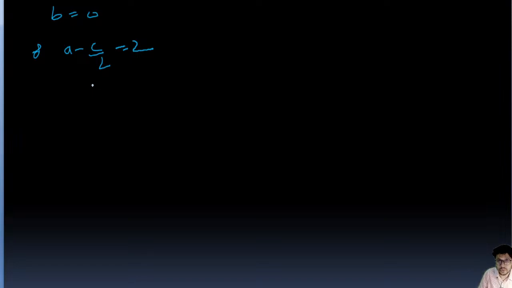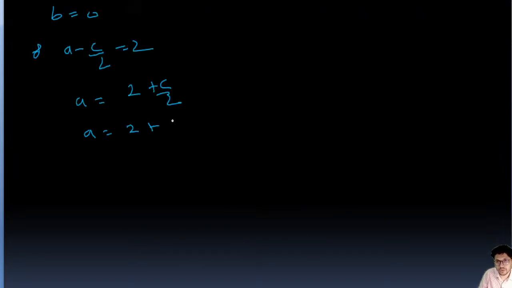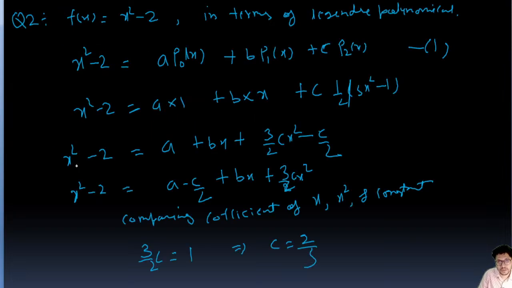So a is going to be −2 + c/2, and the value of c we know is 2/3, so it is 2/3 into 1/2. This will get cancelled. That means the value of a is going to be −5/2, because this is minus 2.